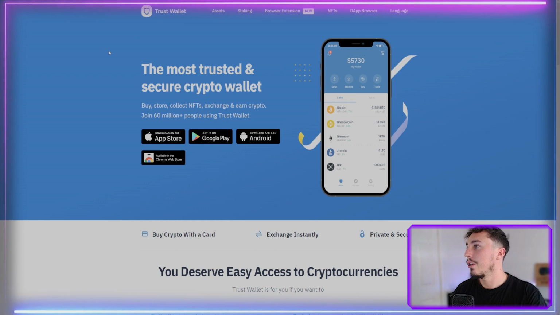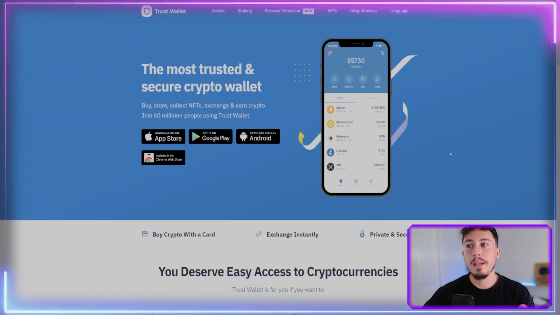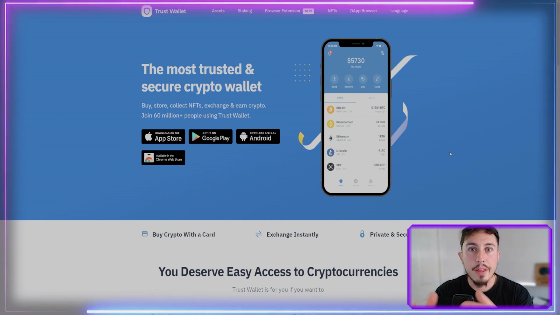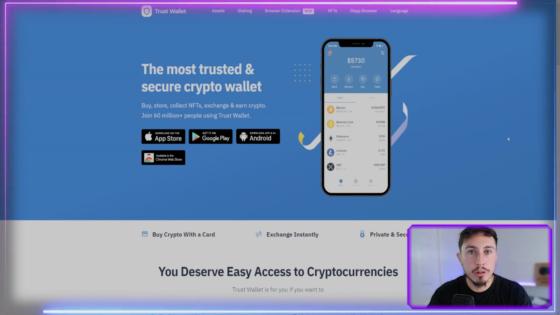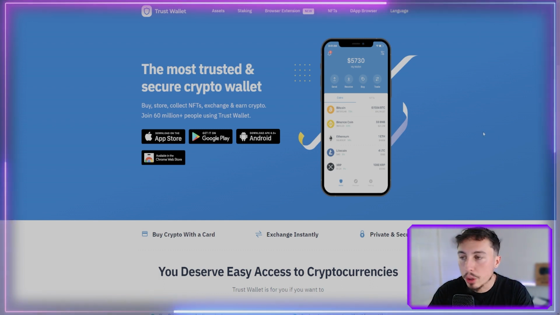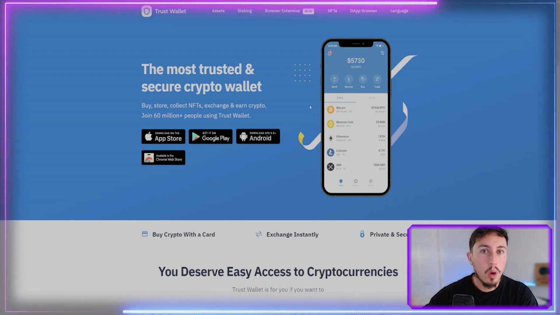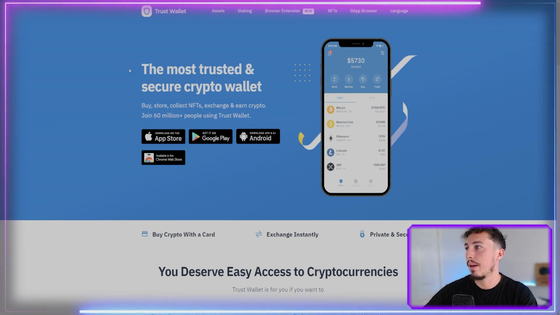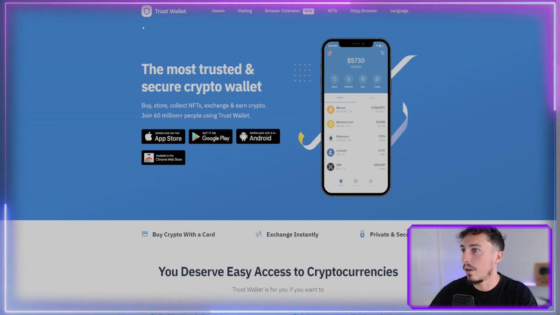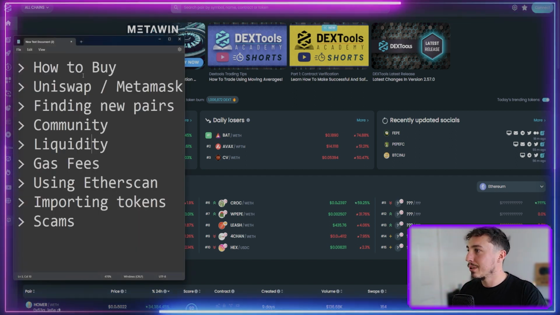So make sure you have either of these downloaded, your own wallet, and they need to be funded with Ethereum in order to operate and create a transaction on the Ethereum blockchain. So you do need to fund these wallets with their native token according to their ecosystem and whichever blockchain you're operating on.